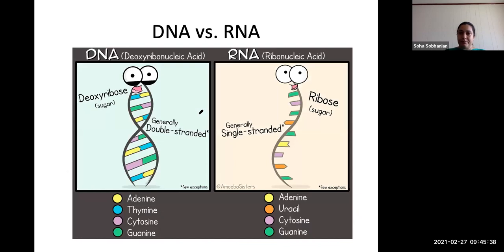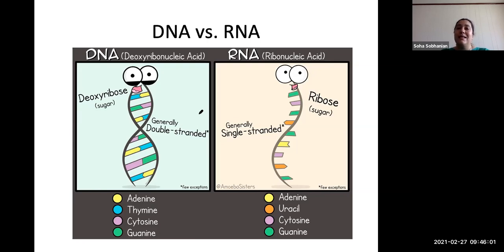So what if I compare what my DNA looks like compared to my RNA? I'll talk about why we have DNA and not all of them are RNA. So the two main categories of nucleic acids, I'm just going to repeat this one more time, are DNA and RNA.